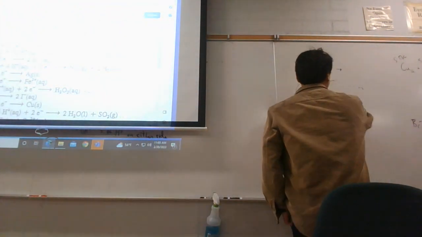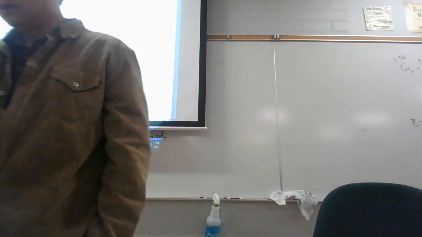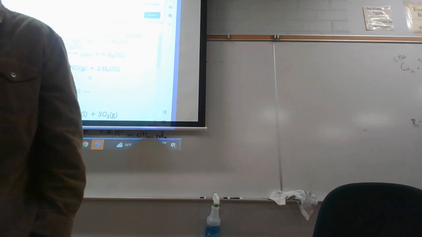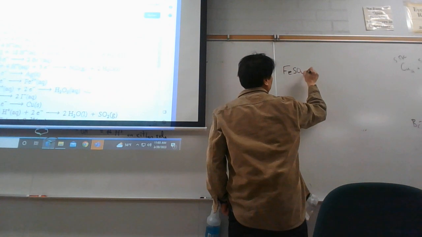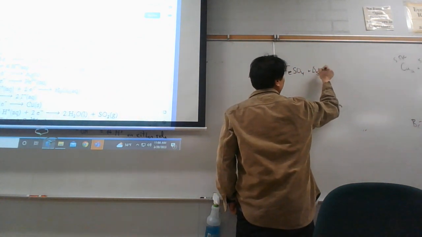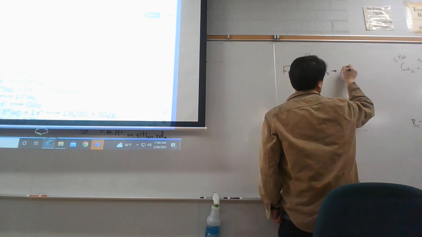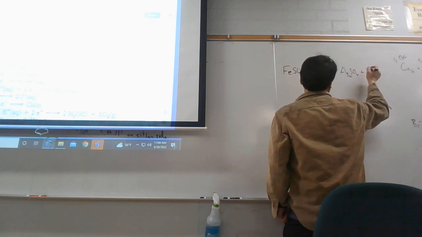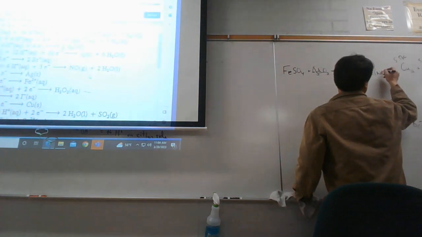Okay, the final reaction we're going to do is this one. It's going to be silver nitrate and iron 2 sulfate. FeSO4 plus silver nitrate. This is a double replacement. This is going to form silver sulfate plus iron 2 nitrate.